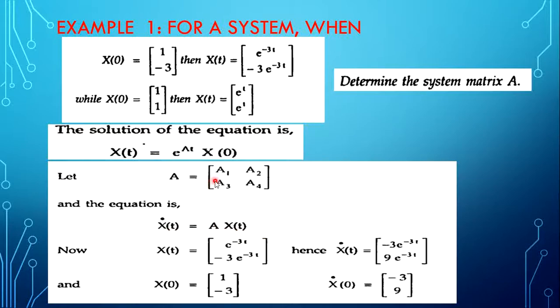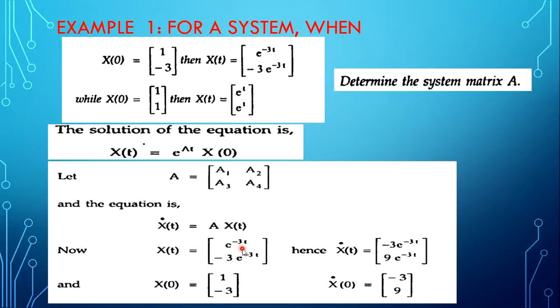Let us consider A matrix as a1, a2, a3, a4, a 2 cross 2 matrix, and x of t is given here. We need to take x dot of t. So x dot is the single derivative: minus 3 e to the power minus 3t, and minus 3 into minus 3 is 9 e to the power minus 3t. Here x of 0 is given as [1, -3].